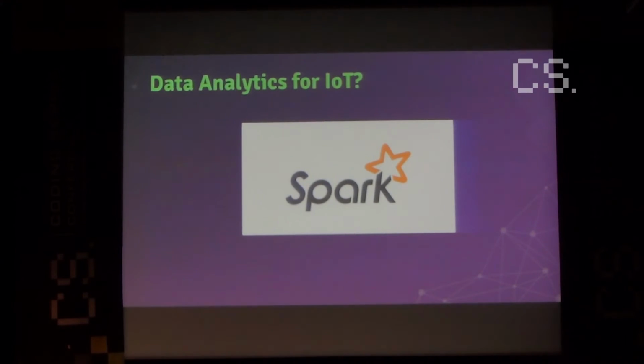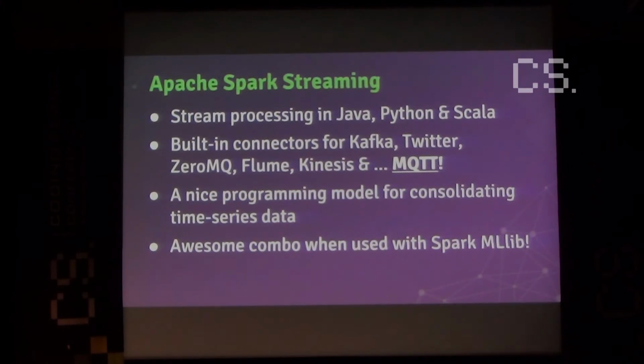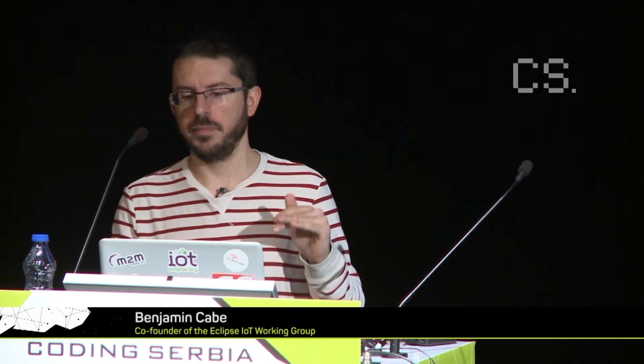I mean, this is definitely not an Eclipse project, but yet Spark has support for MQTT and in particular Spark streaming. In case you're not familiar with Spark streaming, it's essentially a stream processing solution that provides Java, Python, and Scala bindings for you to consume data streams.